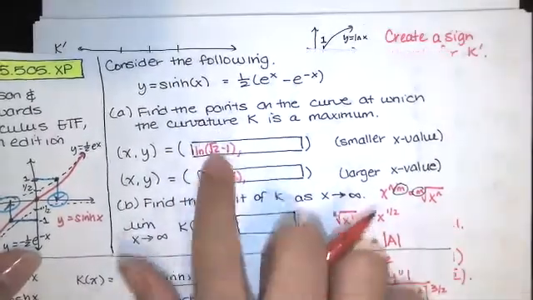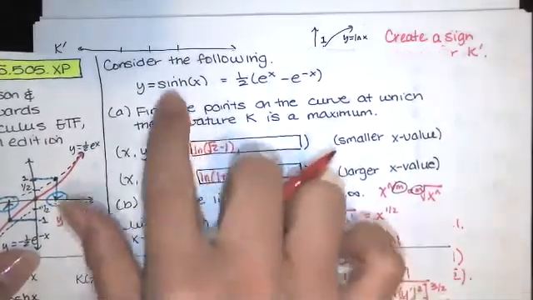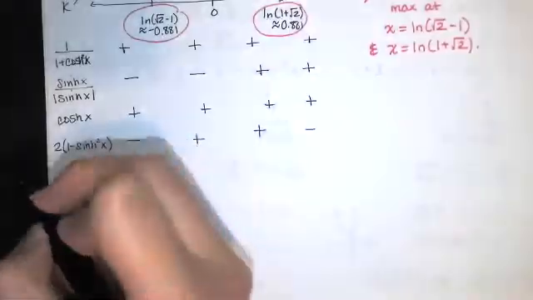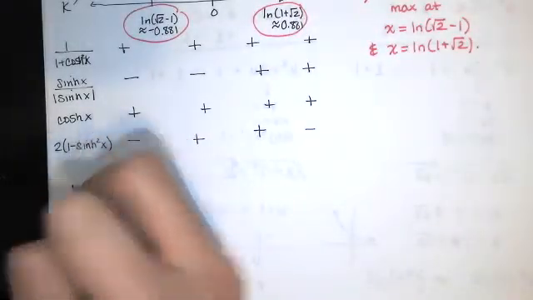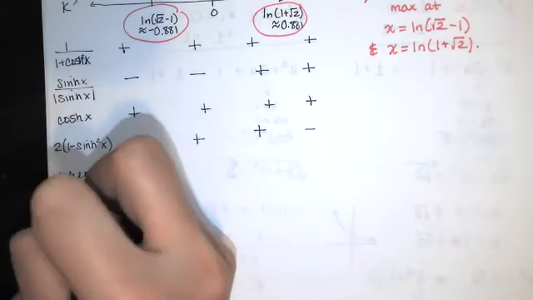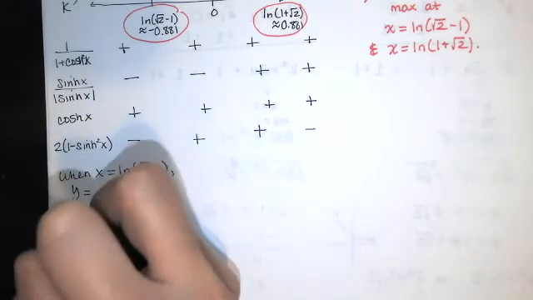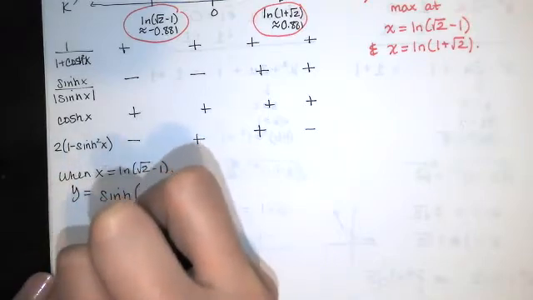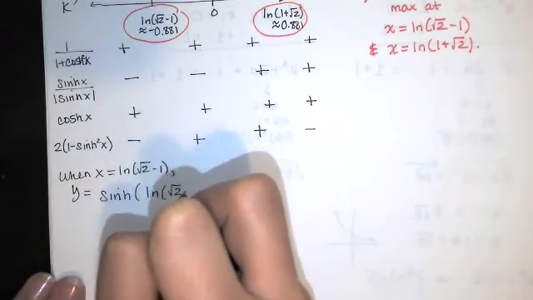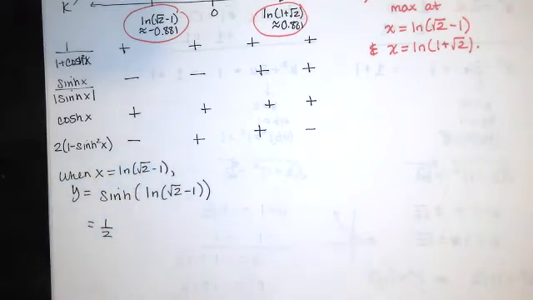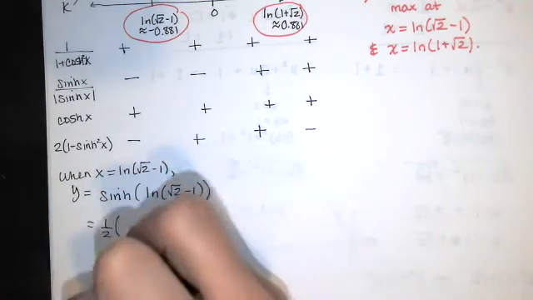So to find the corresponding y value, we can substitute these x values into the original function. Say when x equals natural log of the square root of 2 minus 1, y equals the hyperbolic sine of that. Now this is easier to simplify if you write it in terms of exponentials.